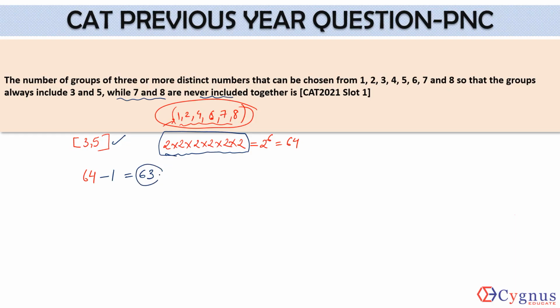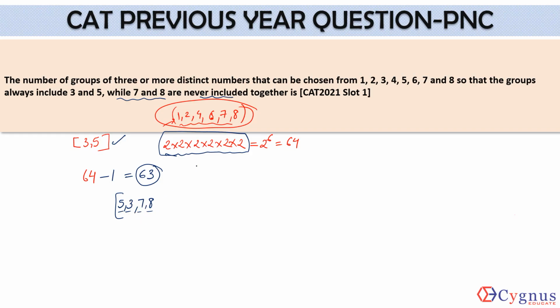So obviously, in these 63 cases, there might be some cases where 7 and 8 both are also included. Let's try to find out the cases when a group will have 5, 3, 7, and 8. Now you've already selected these four numbers.